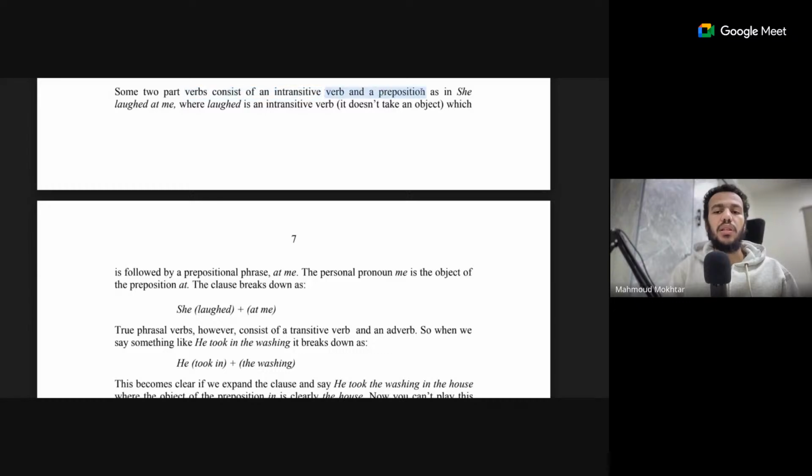Some two-part verbs consist of an intransitive verb and a preposition, as in "She laughed at me," where laughed is an intransitive verb. It doesn't take an object, and is followed by a prepositional phrase, at me.